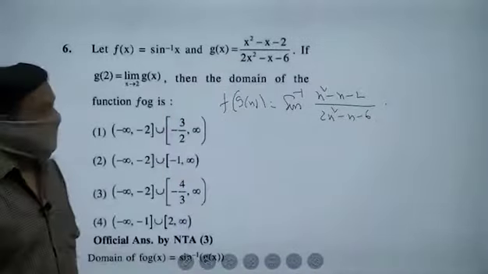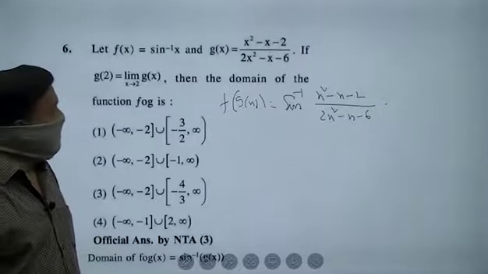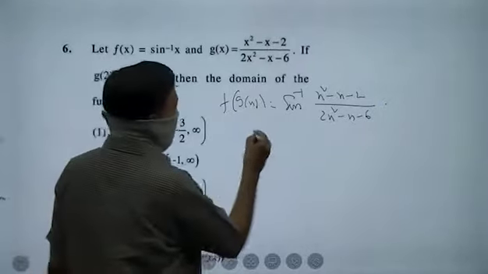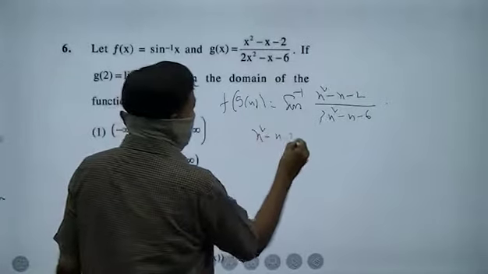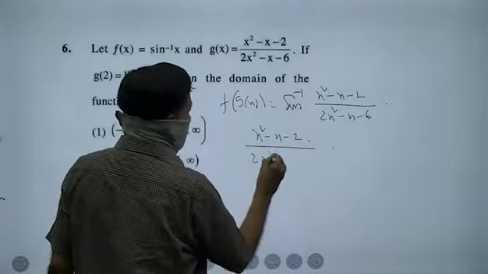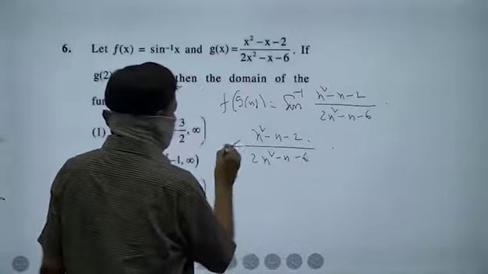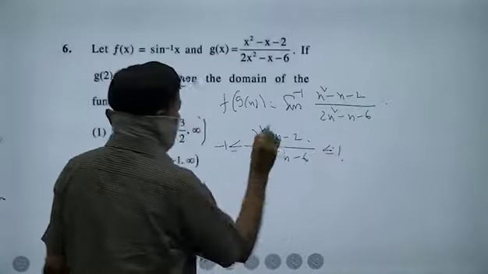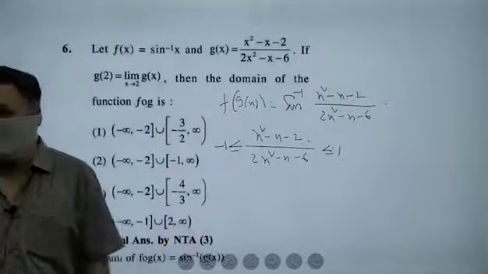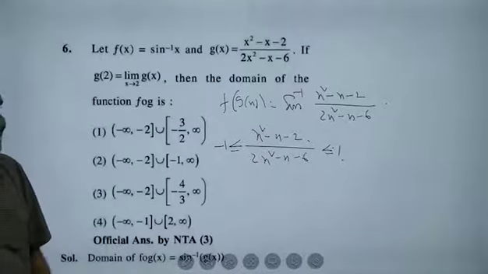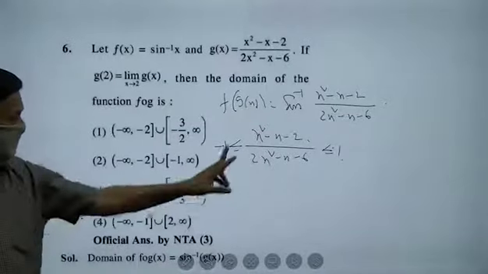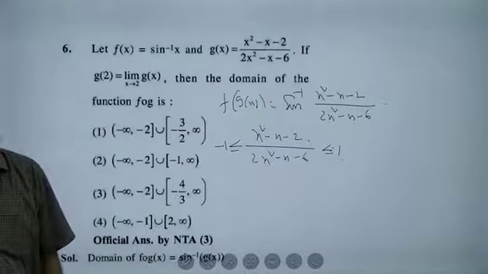Correct? Okay, followed. So therefore, what you are going to get? x square minus x minus 2 by 2x square minus 6x minus 2 should lie like this. Correct? So sin inverse of something will exist only provided this happens.